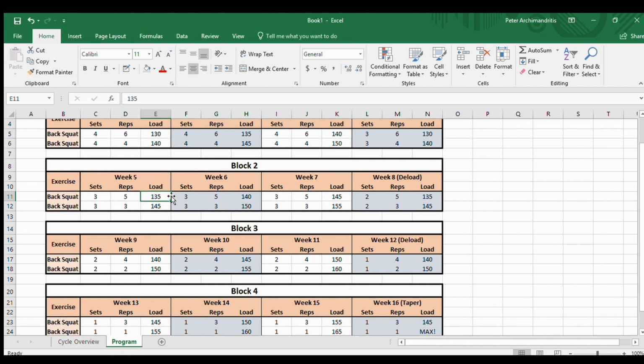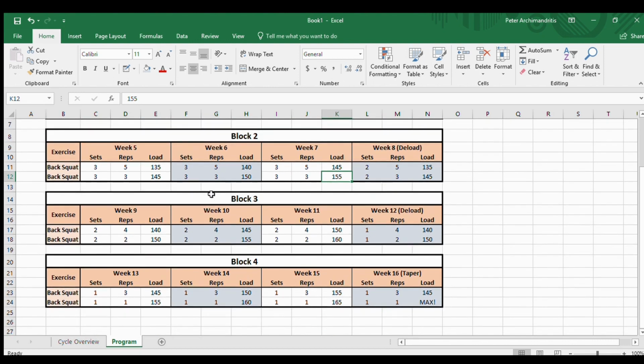So 3 sets of 5, starting at 135, going to 140, then 145 kilos, deloading. Same thing with the second session, working up to 155 for fewer reps and fewer sets than the previous block. Exactly the same thing in the third block: drop a set and drop a rep and increase the load and deload again.